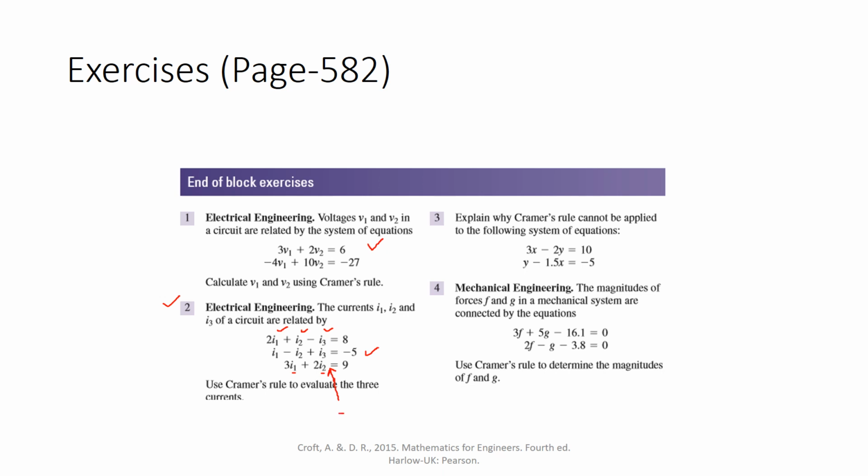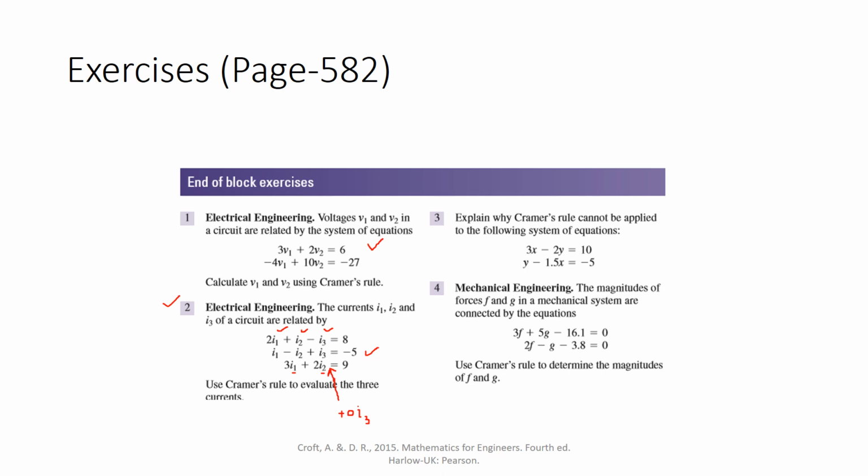So you just write it with plus 0 I3 equals 9, right? So then you solve it.